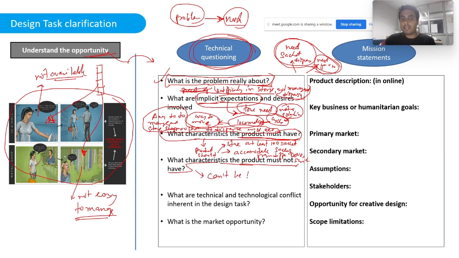Okay, so cannot be bulky. It's a good characteristic. You initially said it has to be easy to store, so it cannot be bulky. So what are the technical and technological conflicts inherent in the design process? Now you need to think about whether you have defined anything that is actually contradictory. Can you think about anything? Contradictory requirements?